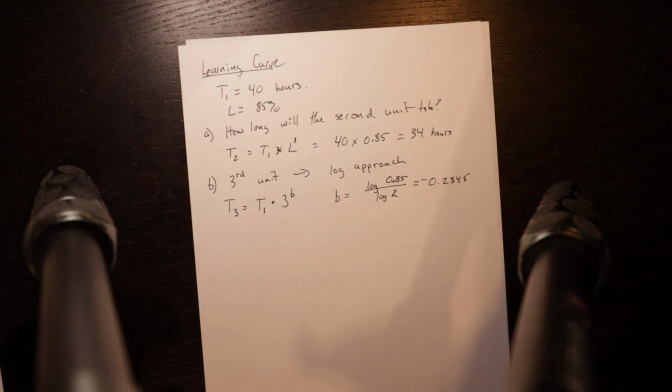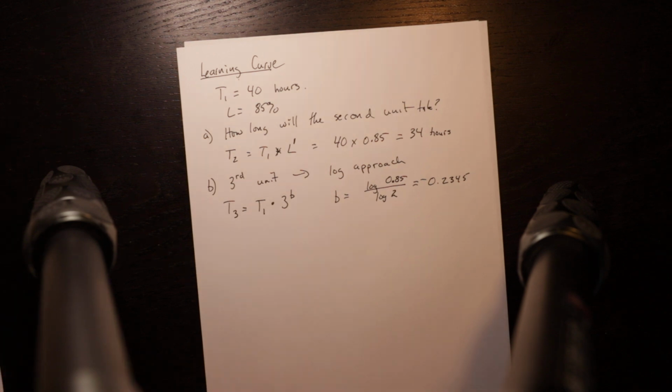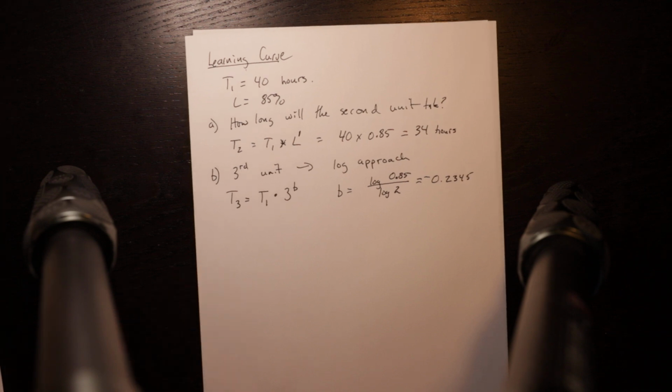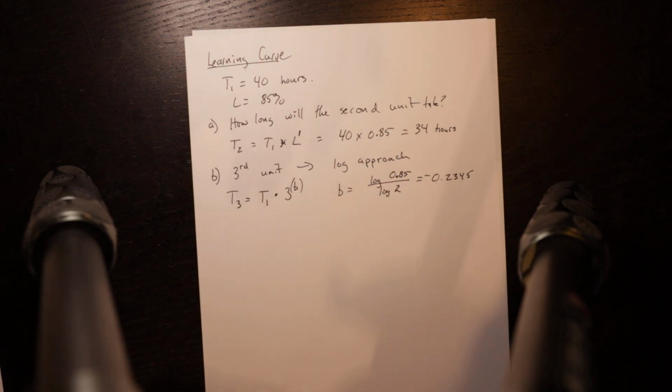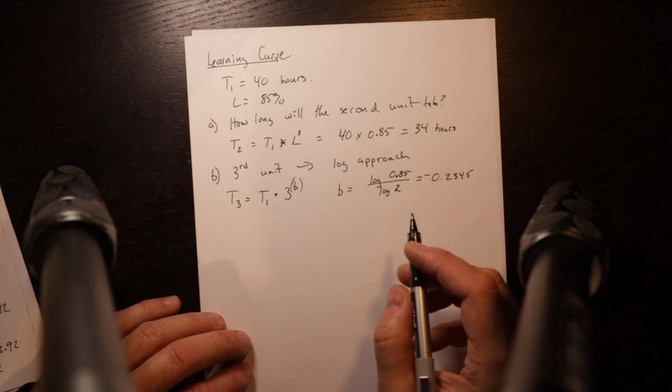Now, you could calculate this whole thing at once if you want. I will usually calculate b separately so I don't make a mistake on my calculator, and I can also reuse it. If you're going to do it all at once, make sure you use brackets for this b so that you don't make an error, and it's very easy to go wrong there. So I would always calculate it separately.